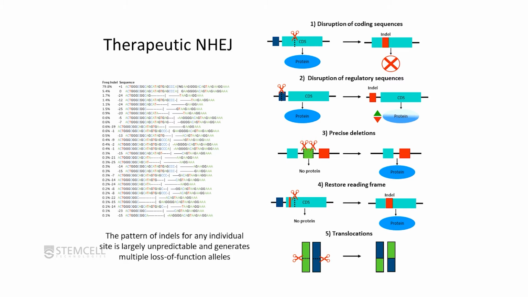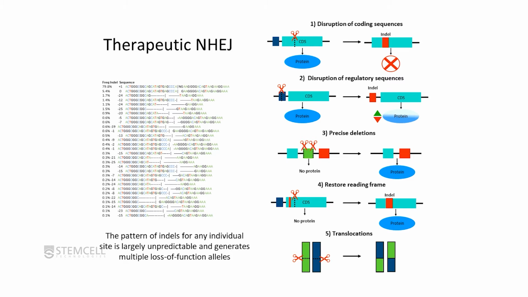So NHEJ, although it seems like it's good for breaking things, actually has therapeutic application. On the left, I'm showing you an example of indels generated by one of our therapeutic guides, and what I want to show you is that it really results in a mixed population of alleles, and this is not easy to control. It varies for each guide, and it varies per cell. So the NHEJ outcomes are harder to control, but nonetheless, you can use this for therapy.